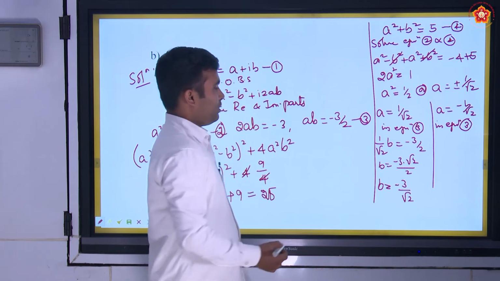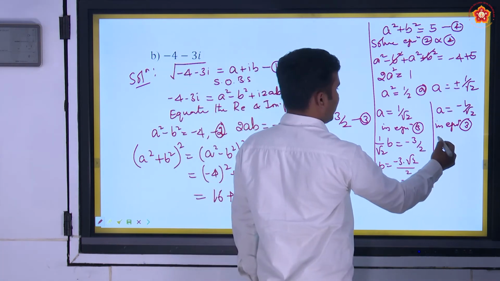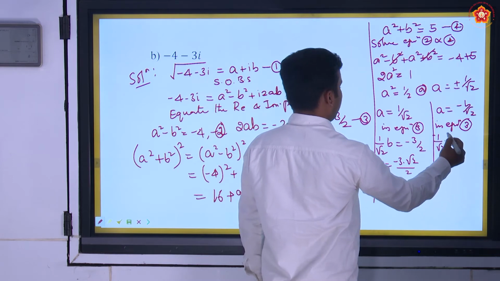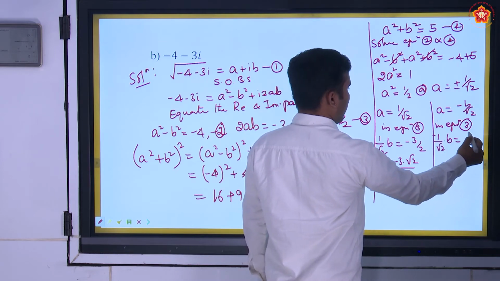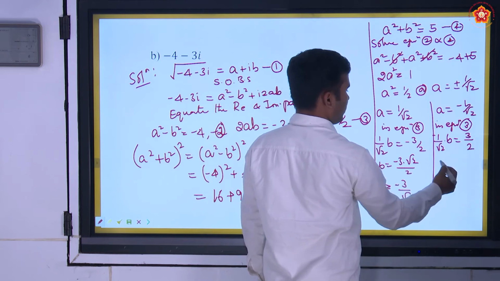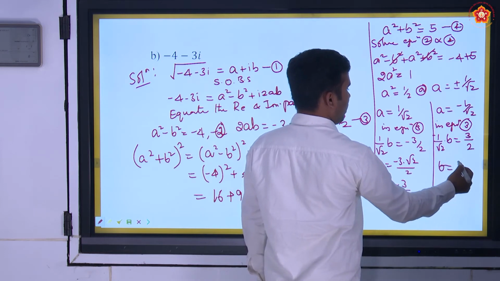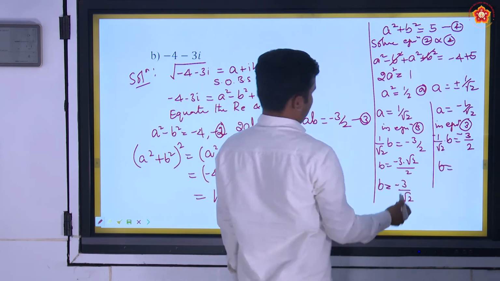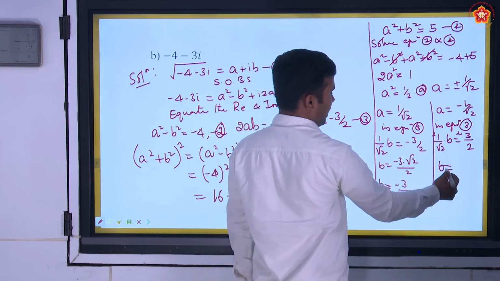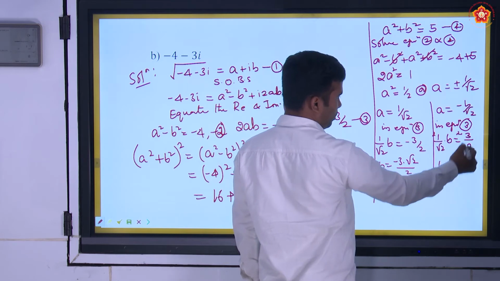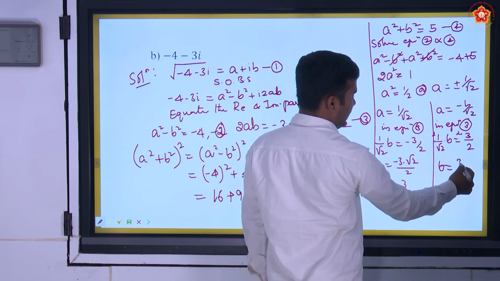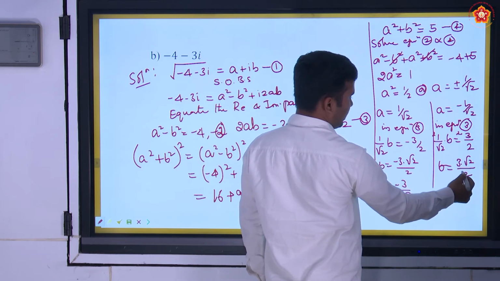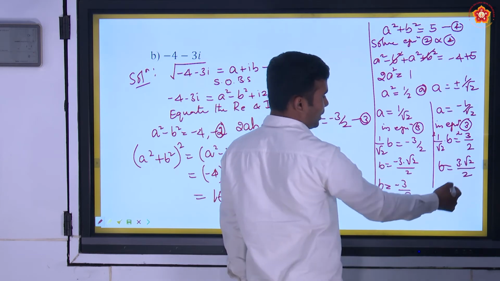Understand? Now similarly, if I take a is equal to minus 1 by root 2 into b is equal to minus 3 by 2, minus and minus will get cancelled, and you take this root 2 to the other side, it will be 3 into root 2 divided by 2, and this can be written as root 2 into root 2, one of the root 2 gets cancelled.